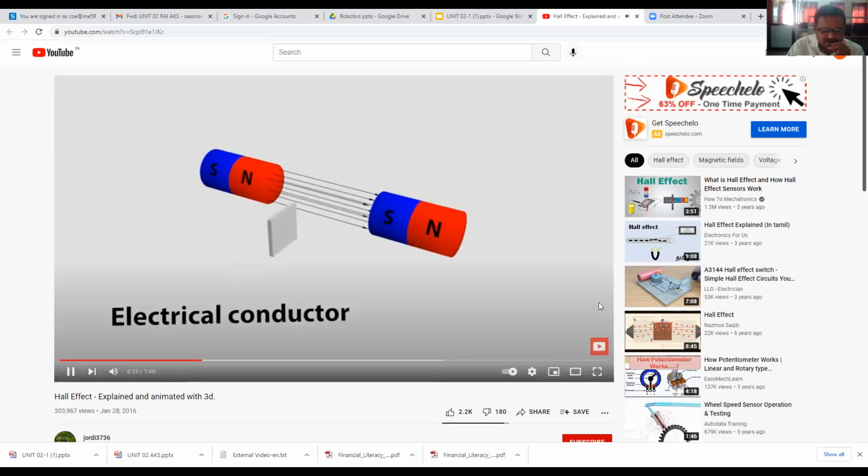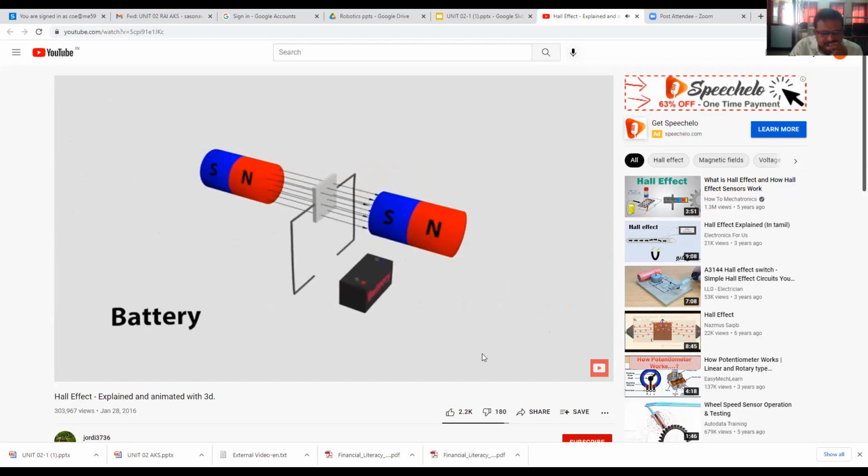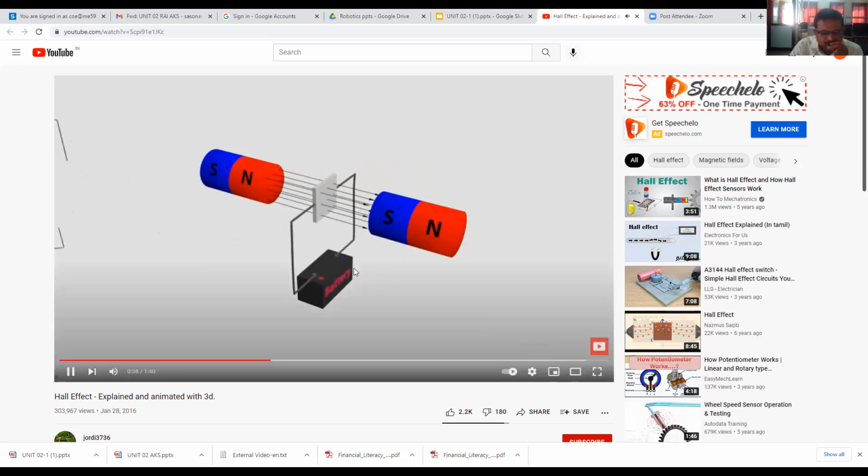See that the Hall chip is now placed in between the magnet. Battery means voltage source. Again, on two opposite faces, a voltmeter is there.